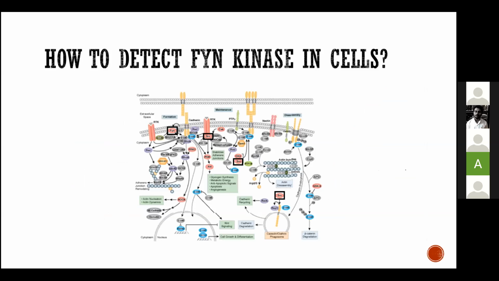So all of you must be studying about different types of kinases, proteins, and I don't know, enzymes maybe. So many of you might know a lot of techniques about detecting kinases, proteins, and enzymes.